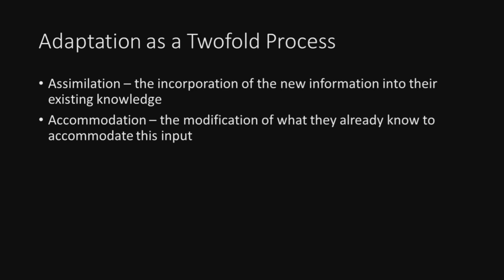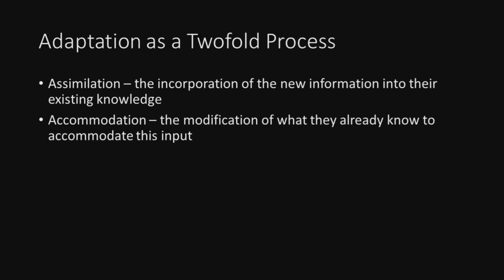Adaptation is again a two-form process. It consists of two sub-processes. They are assimilation and accommodation. So I mean, for learners to adjust their schemas to the new environment, learners are expected to be good at assimilating and accommodating their schemas.